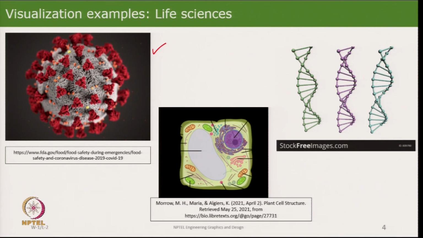So, this is of the order of 0.1 micrometers in size, which would be from this to this, approximately spherical, and we see a lot of features on this, which have made this virus far more infectious.